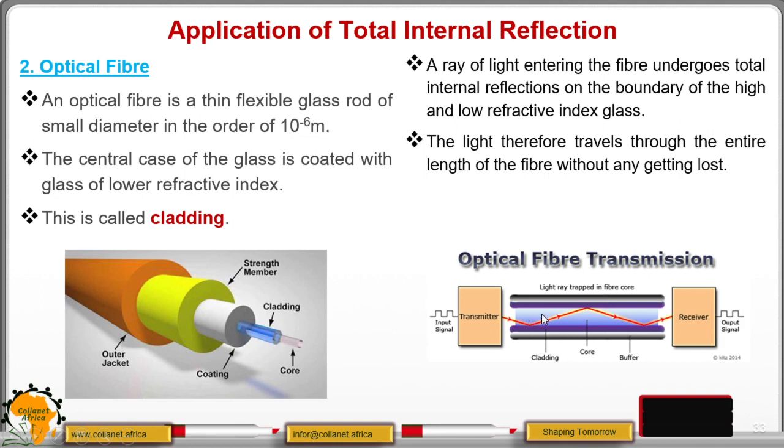But in here, we have a higher refractive index, which implies that the ray that is entering will be coming from optically denser medium to less optically denser medium. And that is why now we have at this boundary, there is total internal reflection. So that ray will continue with the total internal reflection until it emerges on the other end here. So that way we are saying that that ray will move without any getting lost.